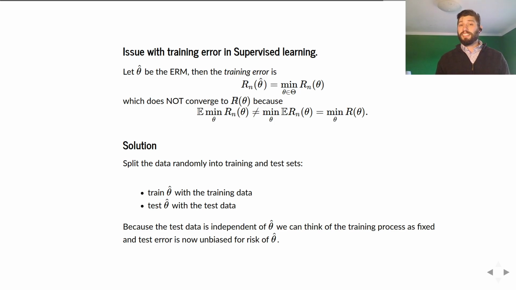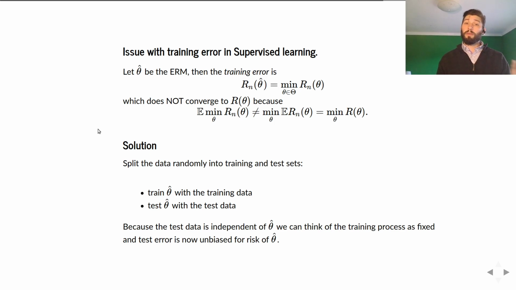And this is not necessarily going to converge to the risk in the large data sample. Sometimes it does, and this is when a uniform law of large numbers holds. But it's not necessarily going to be the case that it converges, and it certainly isn't an unbiased estimate anymore.